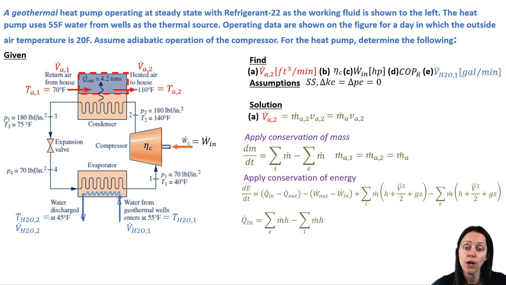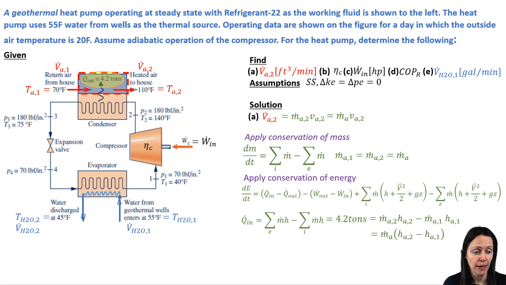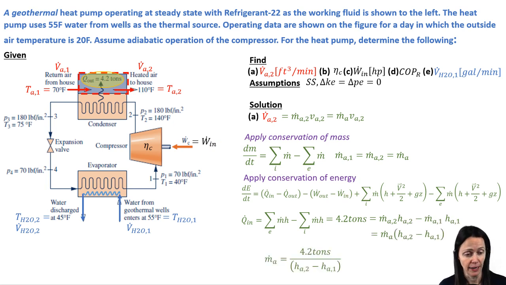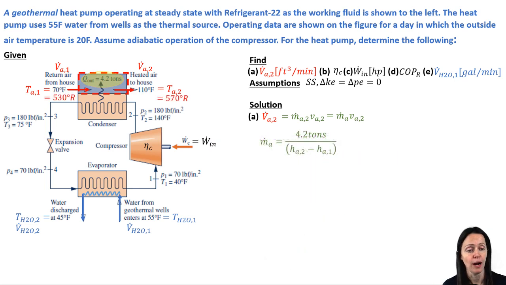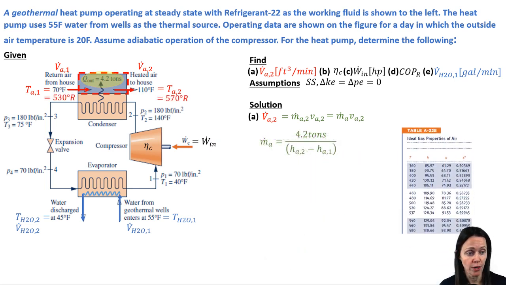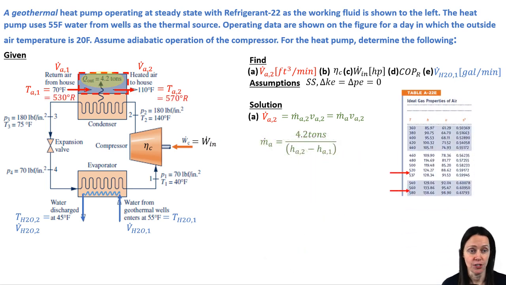All right, now I apply my conservation of energy to that same control volume. And I do have heat going into my control volume. I will notice that it is equal to 4.2 tons because the Q dot out that they're referencing is Q dot out of the cycle, but it's going in to my air. And so there's my 4.2 tons, and I can rearrange and solve for M dot A. I do need to figure out what HA2 and HA1 are, but all I need for that is my ideal gas tables.